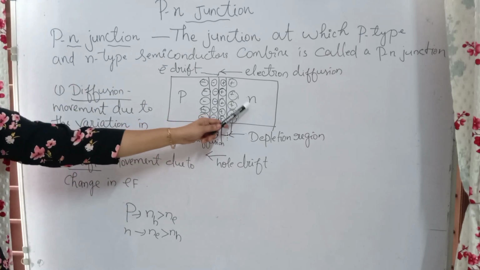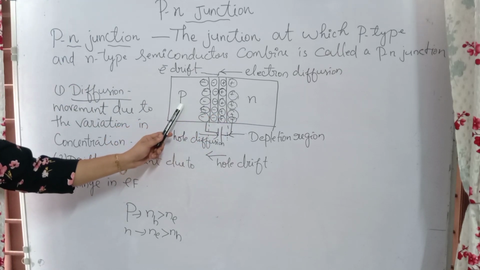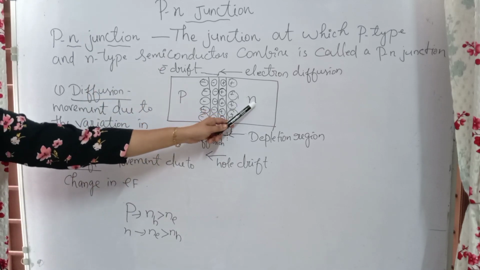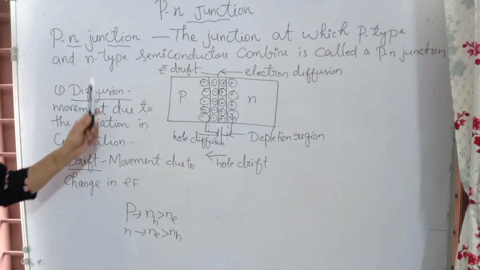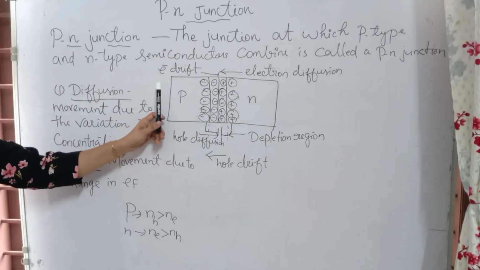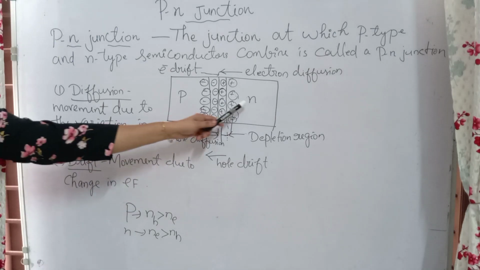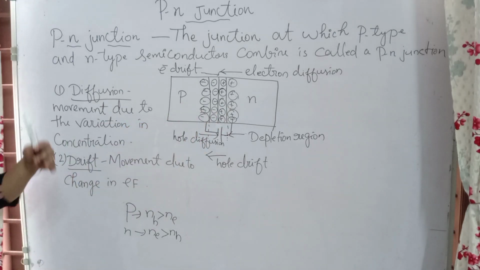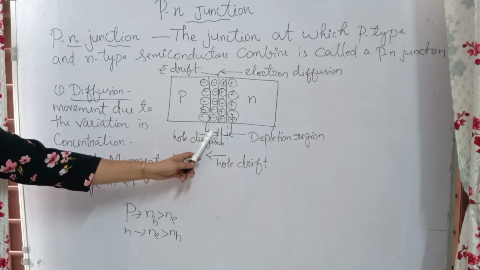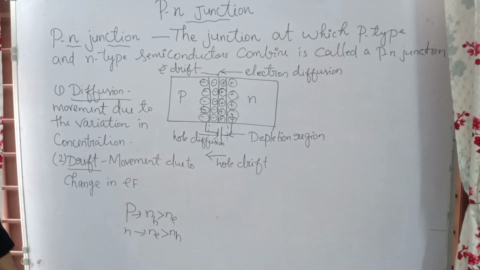So from the N region the electrons will be flowing to the P region, and from the P region holes will be moving to the N region. That was happening in the case of diffusion, and as the depletion region increases its width, it will not allow this process. So that means the diffusion current decreases, and then it will be just equivalent to the cell.